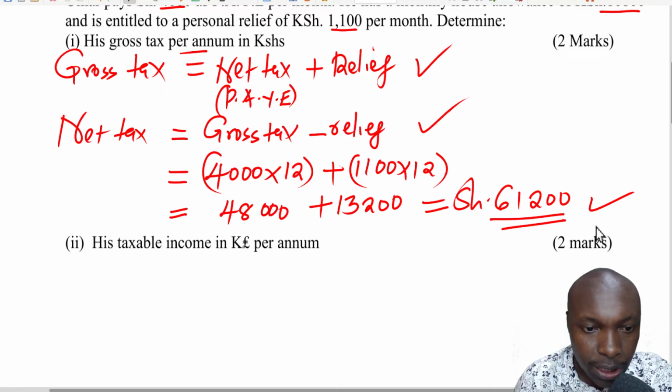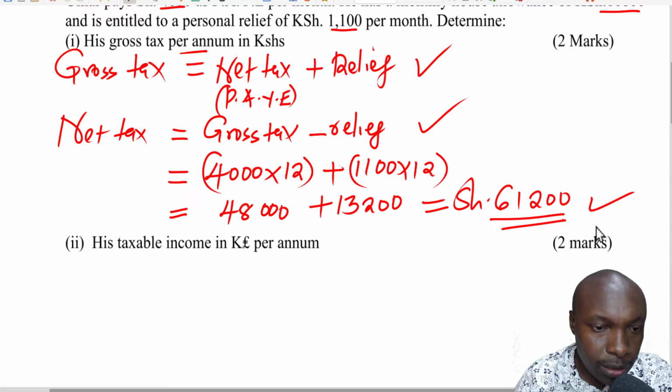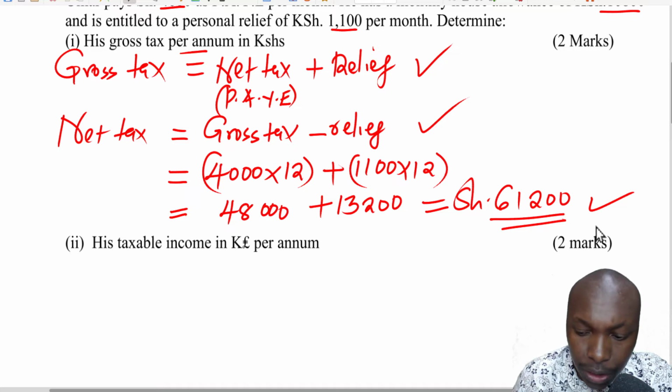You're required now to get the taxable income, the income that was taxed in order to arrive at that gross tax. So you're moving backwards. From the tax, we're required to get the income. We shall use the gross tax, which is 61,200, the one you obtained in the first part of the question.